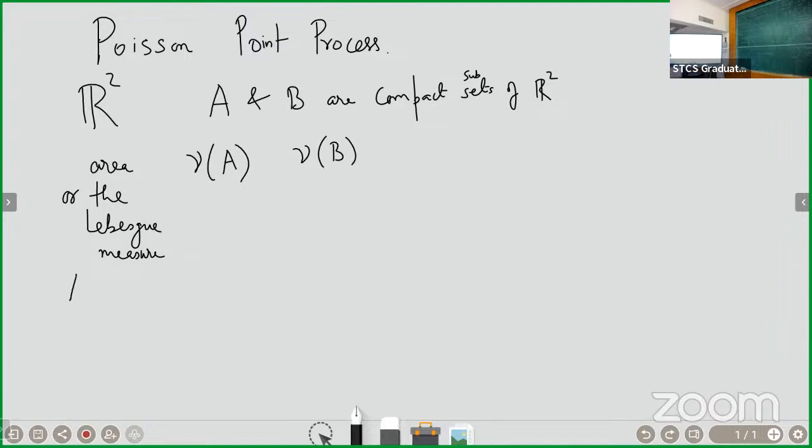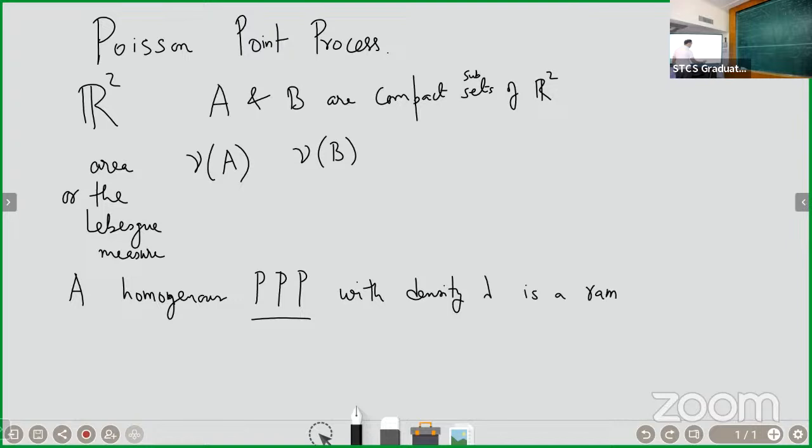Then for a homogeneous Poisson point process, from this class onwards I'll most likely say PPP, with density lambda, is a random point process.